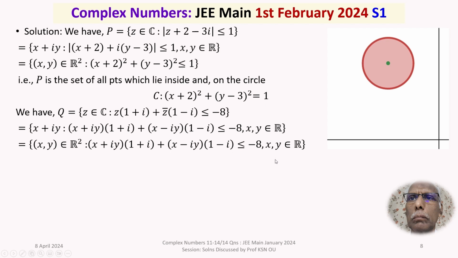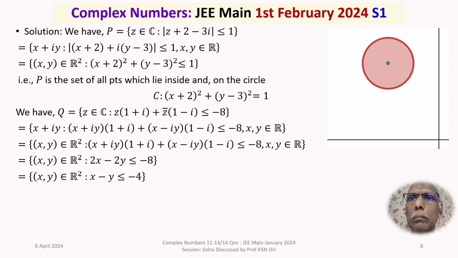Now simplify. It is the set of all ordered pairs (x, y) belonging to R square. On simplification, we will get 2x minus 2y less than or equal to minus 8. Cancel 2 throughout. So that is the set of all those ordered pairs (x, y) belonging to R square such that x minus y is less than or equal to minus 4. x minus y equal to minus 4 is a straight line. x minus y less than minus 4 will be all those points which lie above the line.